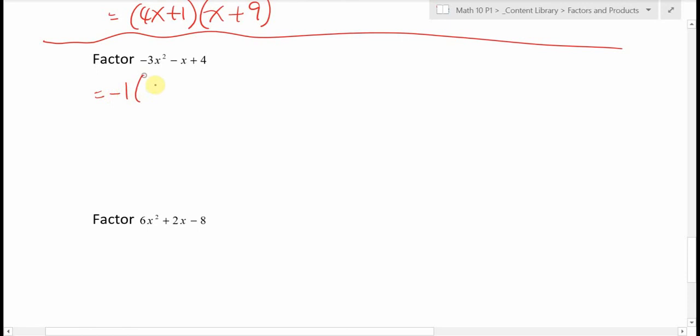I'm going to first factor out the -1. So then I get positive 3x squared plus x and then minus 4. Okay, 3 times -4 is -12. So I'm looking for two numbers that multiply to -12, which again came from 3 times -4, and these two numbers must add up to positive 1.